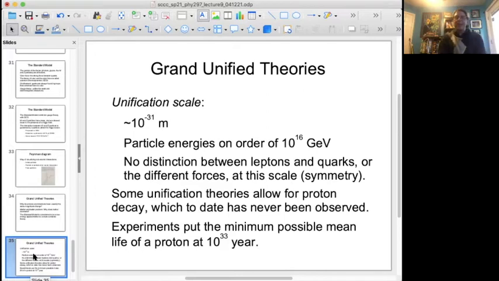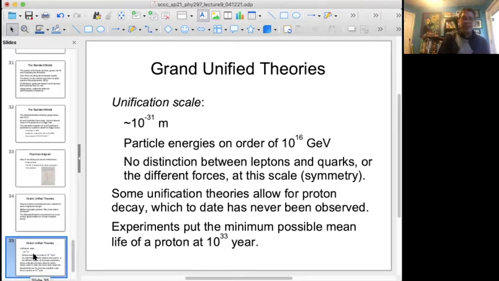At this scale, there's no distinction between leptons and quarks or any of the different forces. And so that's what they mean by symmetry, that everything is the same at a small enough scale, and that scale existed in the immediate aftermath of the Big Bang, talking very tiny fractions of a second.